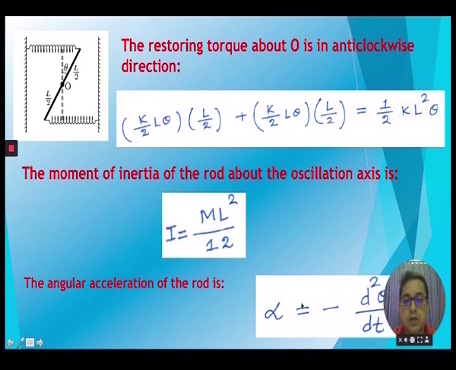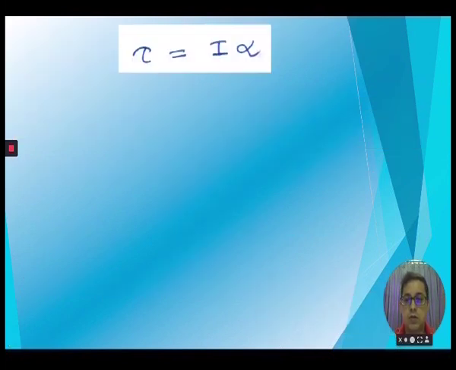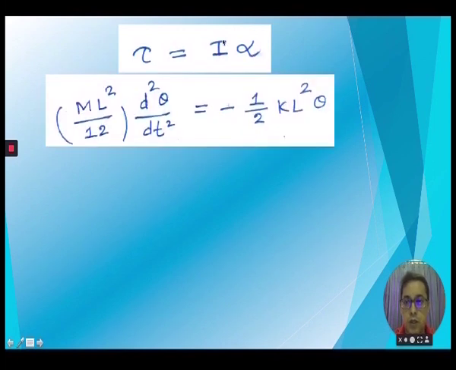I am writing a minus sign because the torque is in the anti-clockwise direction. Torque is equal to moment of inertia into angular acceleration. I already know the torque and the expression for alpha. If I put everything in, taking the minus sign to the other side, it is very easy to see.